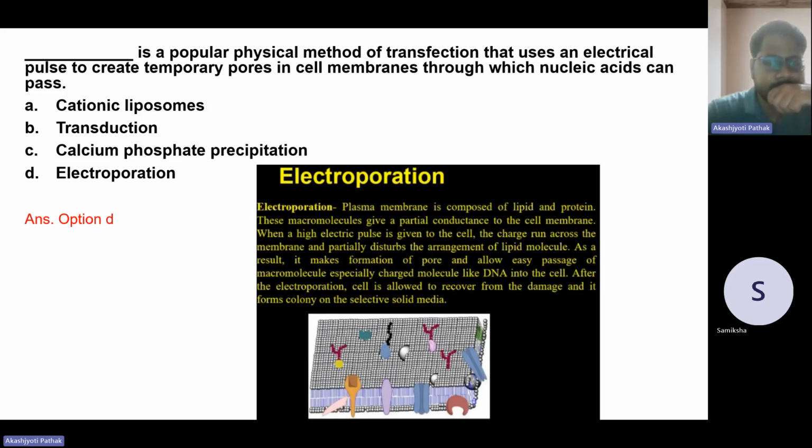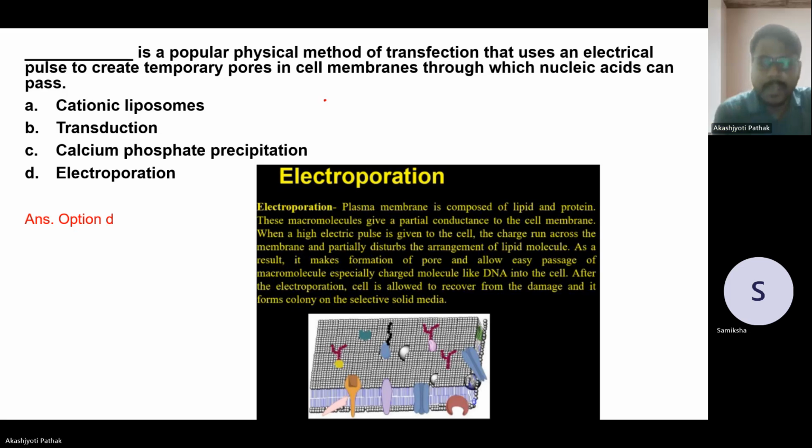The plasma membrane is composed of lipids and proteins, and these lipids and proteins have partial conductance across the cell membrane. When you apply this high electric pulse, the charge which is present across the membrane gets disturbed. As a result, pores are formed, and this allows easy passage of macromolecules, especially charged molecules like DNA, into the cell.